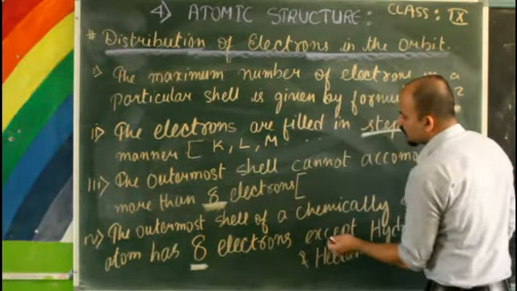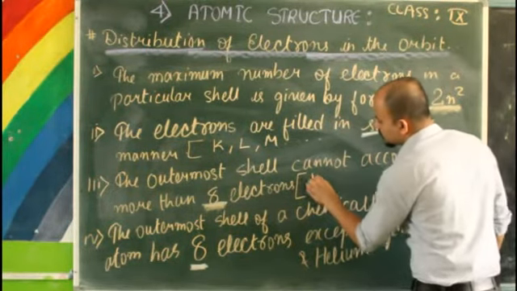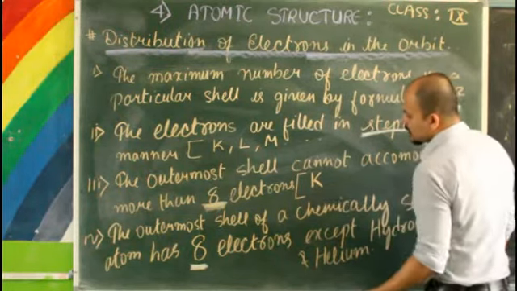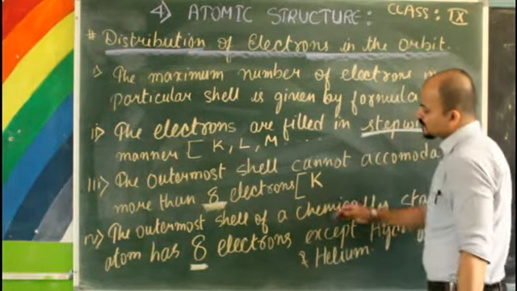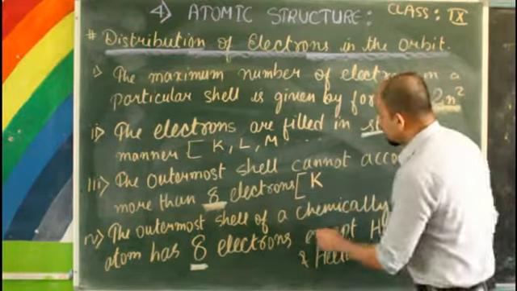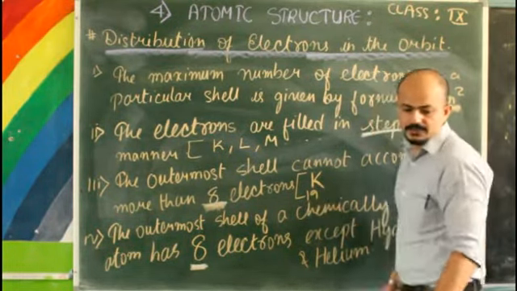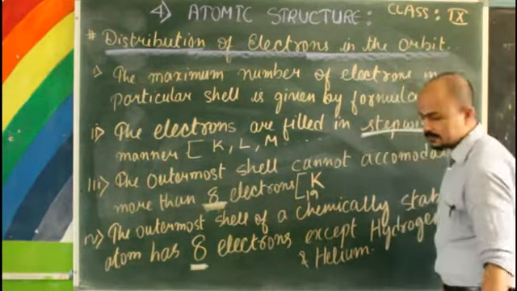Suppose you have potassium. This is the symbol for potassium, K, and its atomic number is 19. Its atomic number is what? 19.